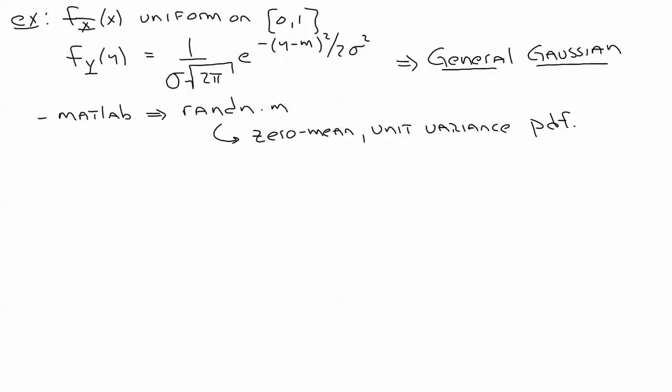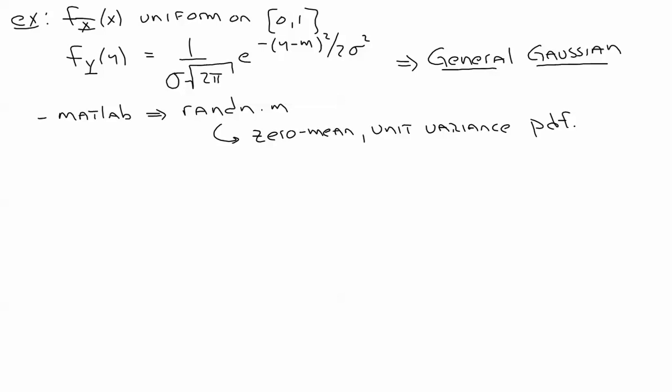I made a claim in an earlier video that the Gaussian distribution is one of the more common distributions that you're ever going to run into. It's really important for us to be able to transform uniformly distributed data using the rand function into a general Gaussian set of data with a general Gaussian probability density function.